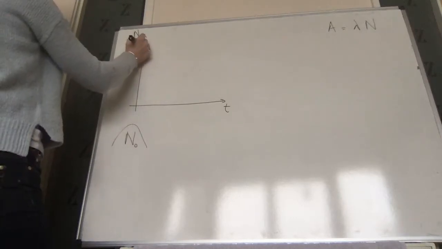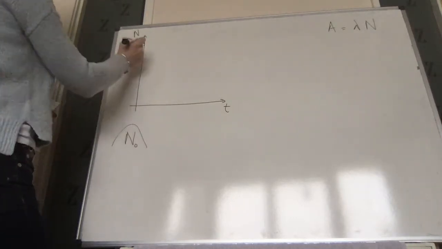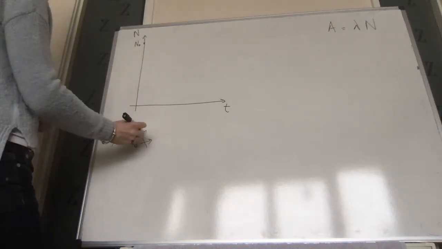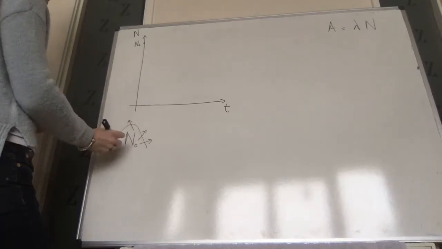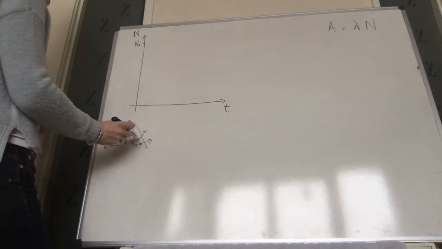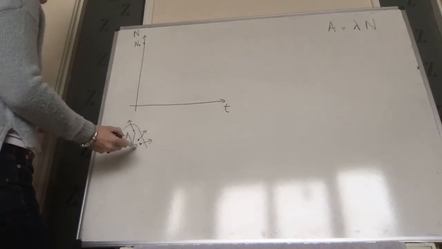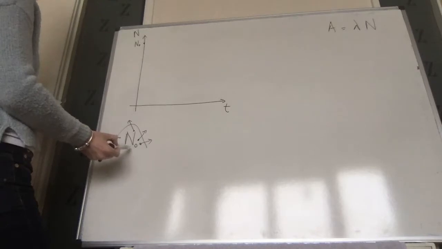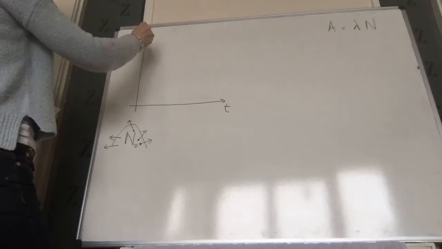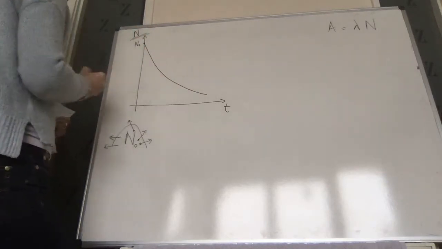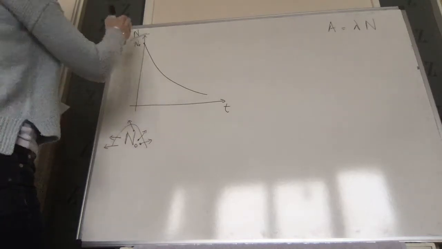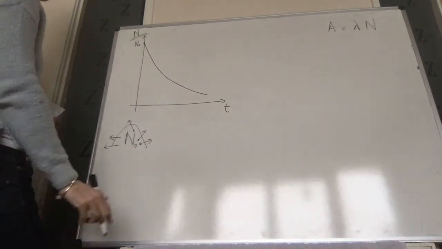As time goes by, atoms are going to spit out radiation, so they are going to decay. Every time they spit out, they have decayed, and you have a smaller number of undecayed atoms left behind. So the number of undecayed atoms, N, will start at N0 and it will decrease. It decreases exponentially, and you need to know that it decreases in an exponential way.